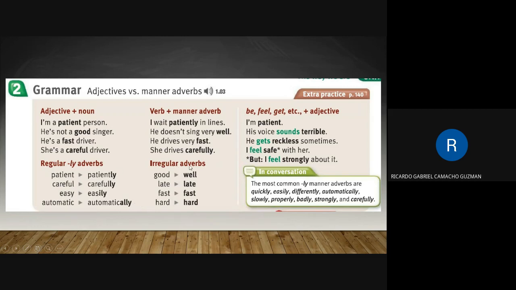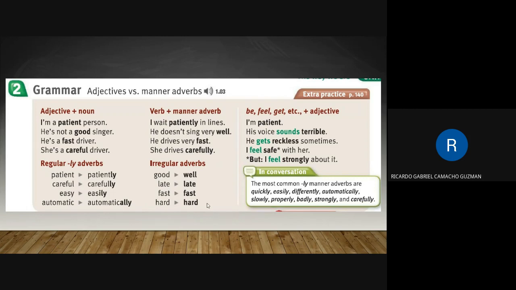Pero hay algunos adverbios que son irregulares. Por ejemplo, good cambia a well, late se queda igual. No se utiliza para la palabra lately. Les voy a explicar el por qué. Cuando nosotros hablamos acerca de la palabra lately, no hacemos referencia de que algo está sucediendo de manera tardía, sino que lo utilizamos como un adverbio de tiempo para decir últimamente.